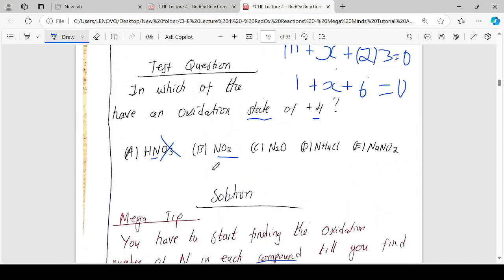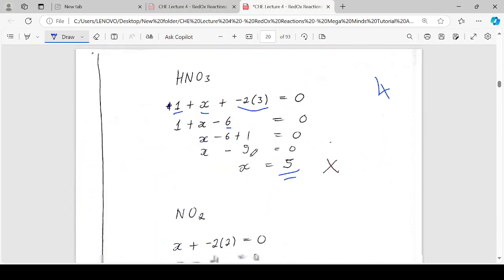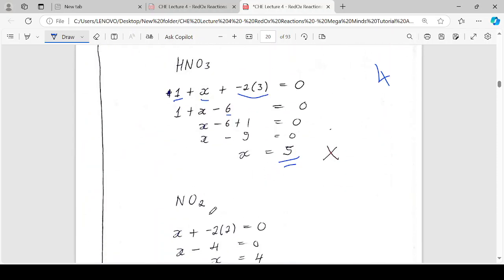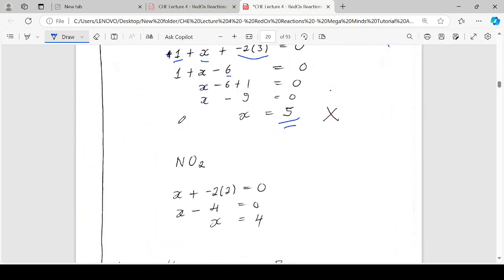So we go to nitrogen dioxide. We start calculating. The oxidation number of nitrogen, that's what we're calculating. Oxygen is negative 2, here positive 2, everything is equal to 0.